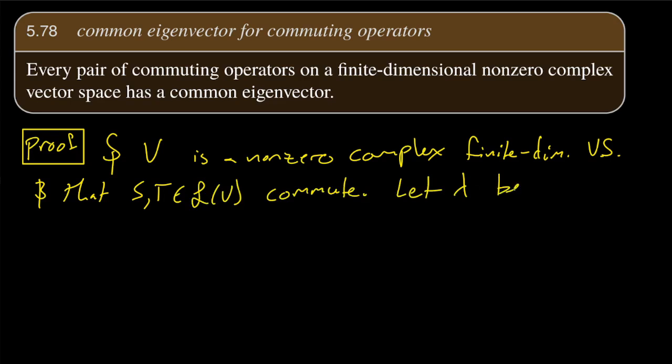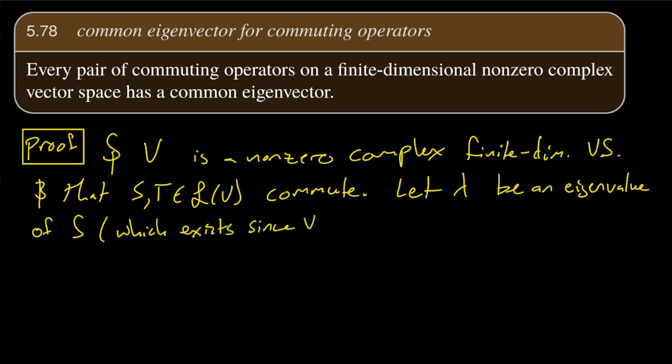Let lambda be an eigenvalue of S, which exists since V is complex and finite dimensional. Okay, we showed that before.